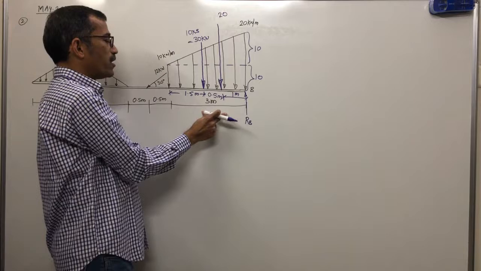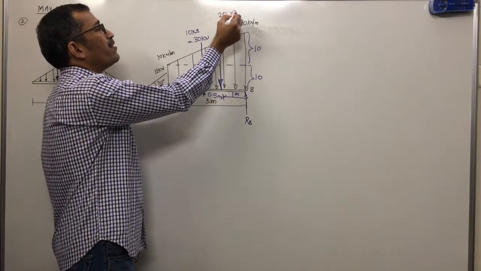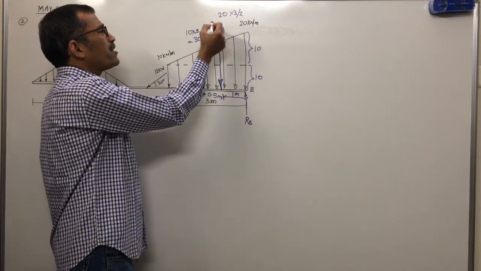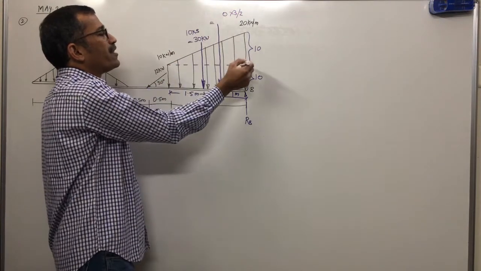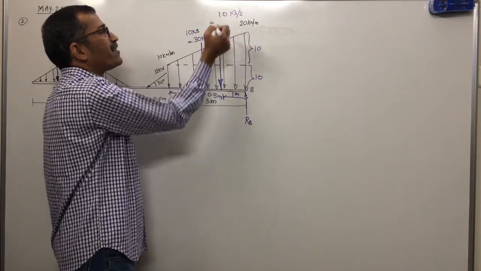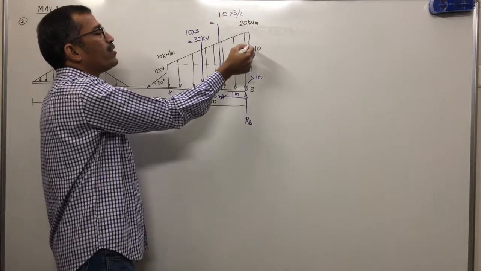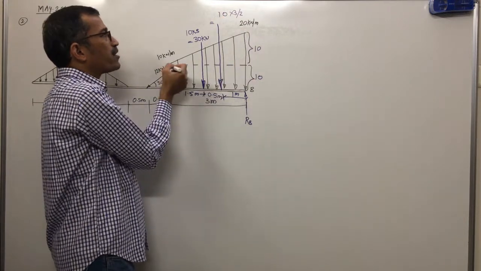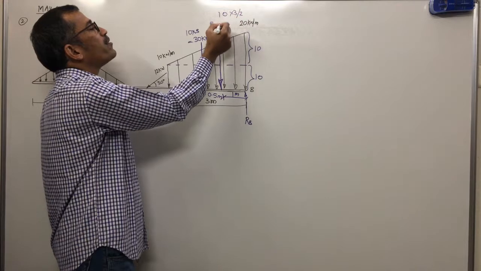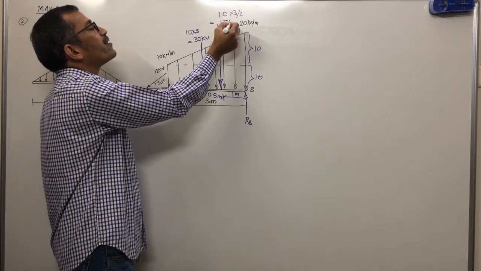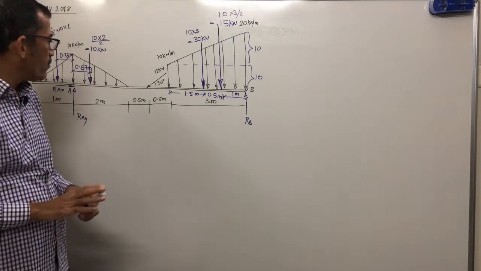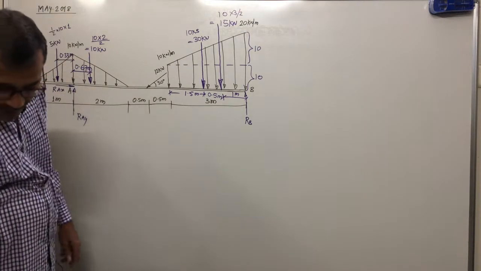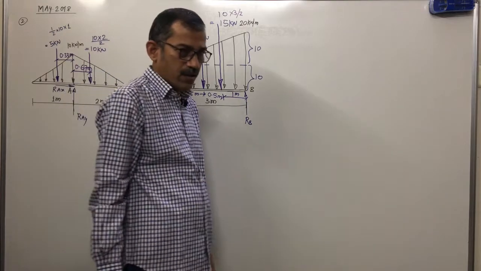No, this is not 20, this is 10, right? So 10 into 3 divided by 2 means 5 into 3, that is 15 kilonewton. Correct?